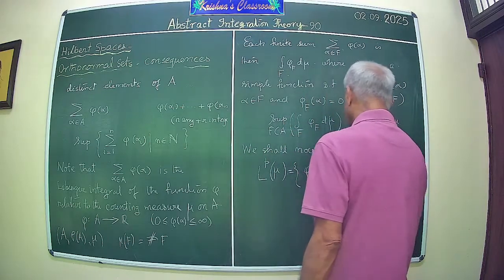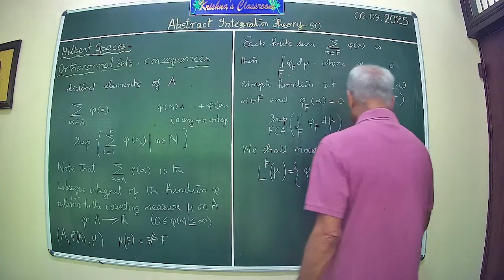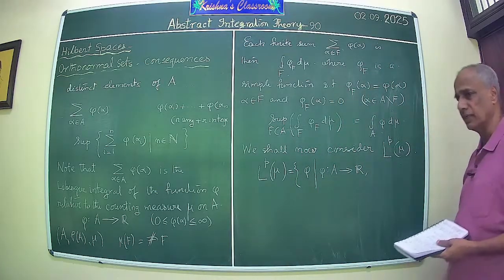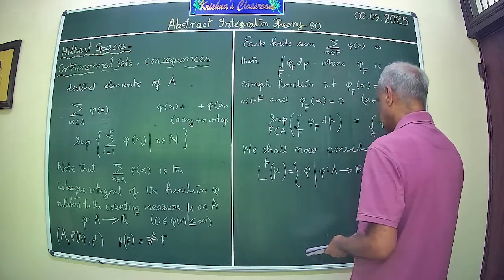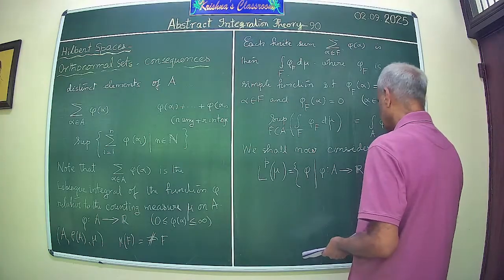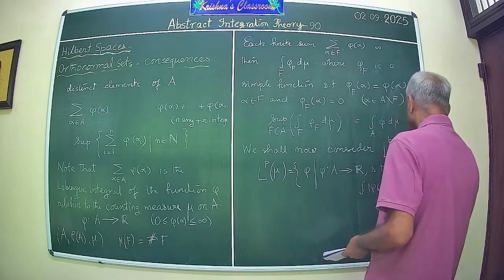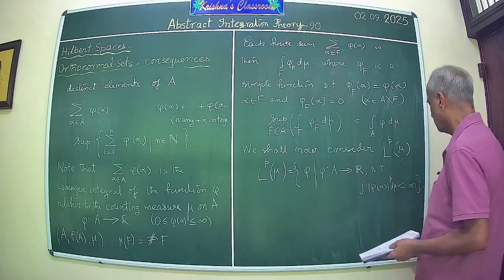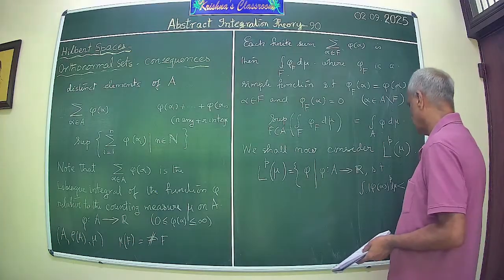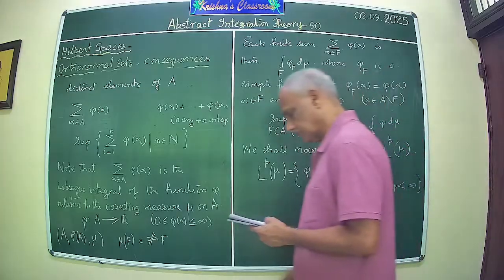Phi from A to R. We are taking a real valued function, or complex function, we can take it that way, such that the integral over A is finite. This is the definition of the L2 space.